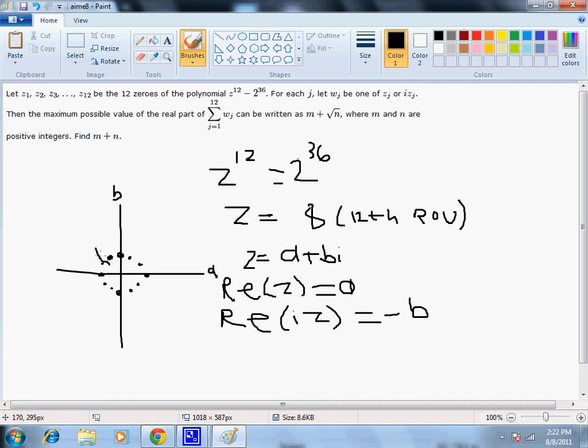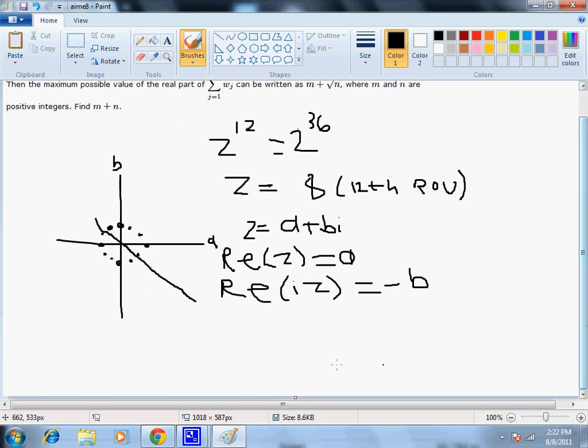So this is also included in those values. So we can draw this line where the 6 points on this side have larger a than negative b values, and those on the other side have larger negative b than a values. And by symmetry, the sum of the real parts of i times these is the same as the sum of the real parts of these.